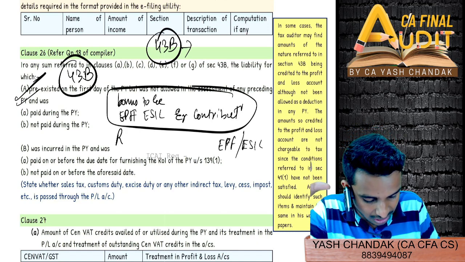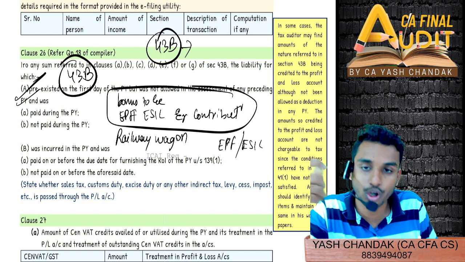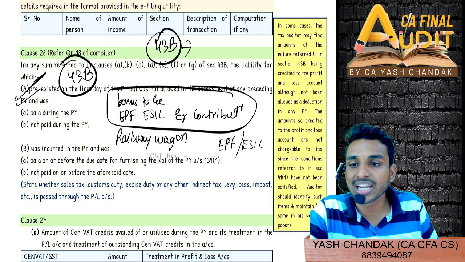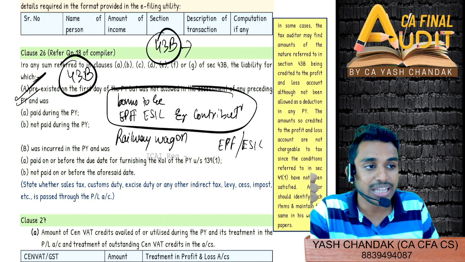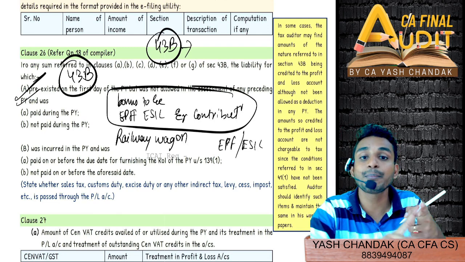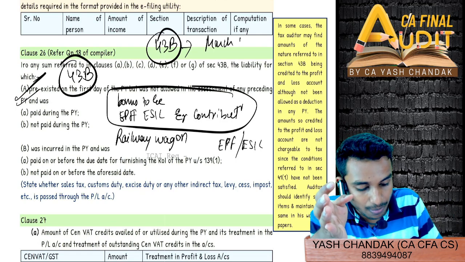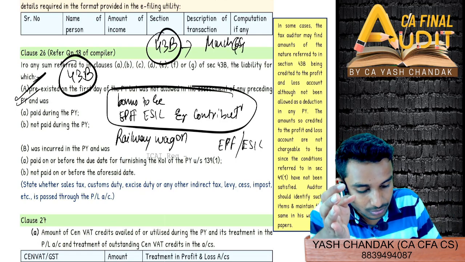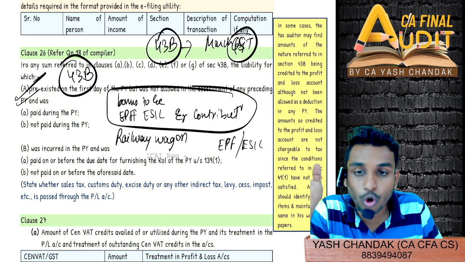Similarly, other expenses like railway wagon, if you are booking railway wagon for your expense, and indirect taxes payment. You can take that expense only if you are paying GST before the due date of return of income. Suppose March month GST, or any indirect taxes for that matter, you have not paid.